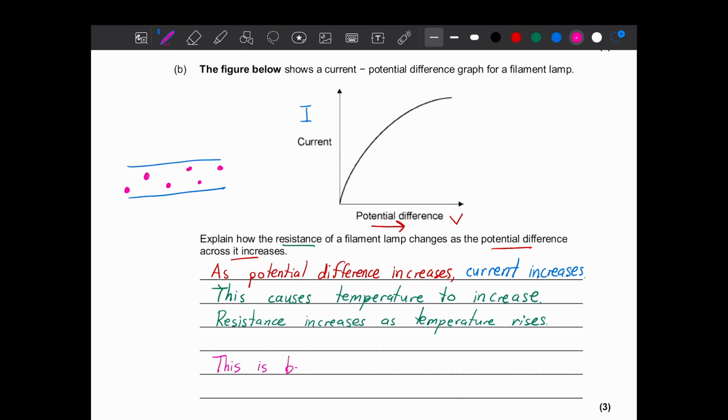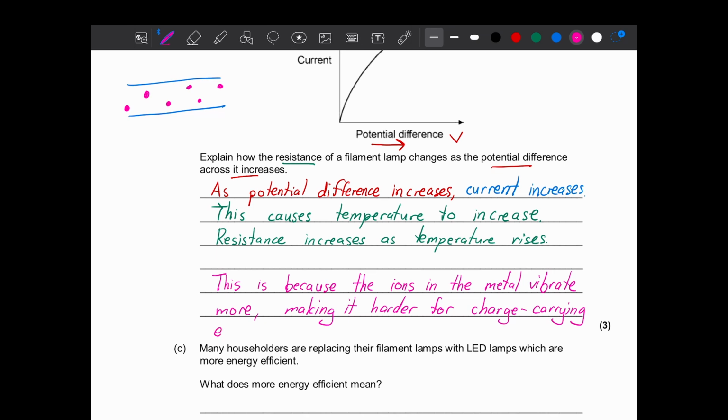This is because the ions in the metal vibrate more, making it harder for charge-carrying electrons to drift past.